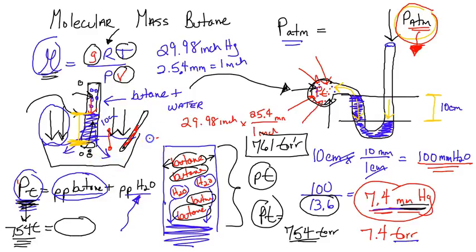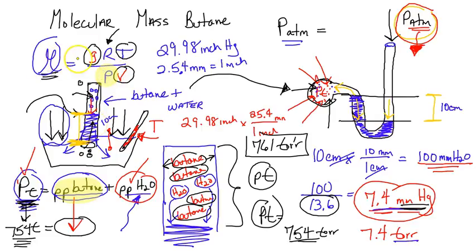So knowing the temperature of the water, using a table of vapor pressures, we know how much pressure due to water molecules is in our container. We just look this up with the temperature. So we're going to have this value, and we just calculated this value by doing the manometer problem. We can solve for the partial pressure of butane, and you'll put it in here. And now we have all our values.